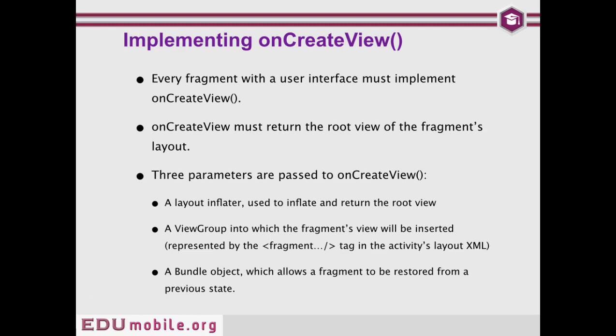We get a ViewGroup, which is really kind of a pointer to the fragment tag within the activity layout, but that view group is the container, and it's called container in the parameter list, in which the fragment's layout will be inflated. And then we get a Bundle object, which we can use to extract a previous state in onCreateView for that fragment and restore it.